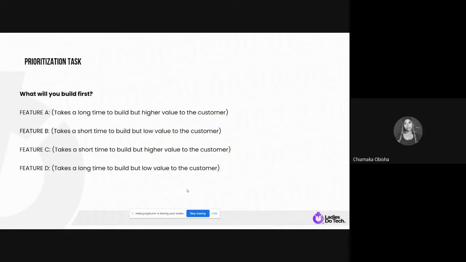Because it takes a short time to build, and it has higher value to the customer. So it means that if you're building a particular feature and then you have the MVP ready, the customer has something that is of value to them, and it won't take a very long time to build.